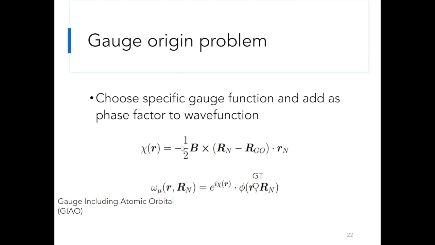This phase factor gauge function effectively shifts the gauge origin of each basis function to its center, with the effect of making our corresponding GIAO basis function complex. So this correspondingly makes all of our matrix elements complex. And we've implemented these in Q-Chem.